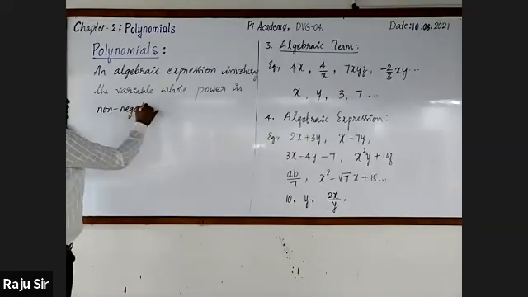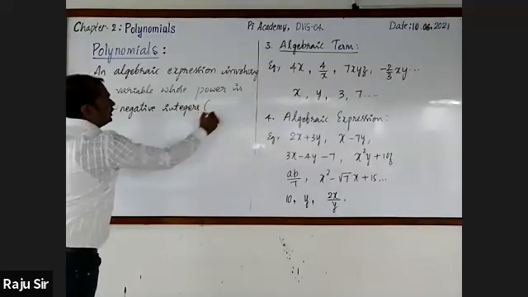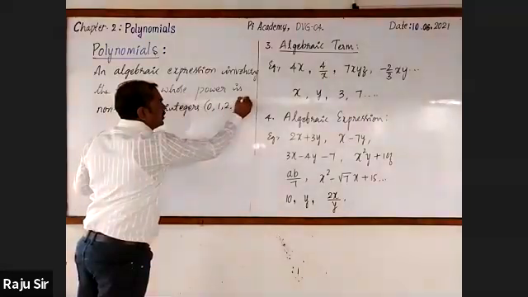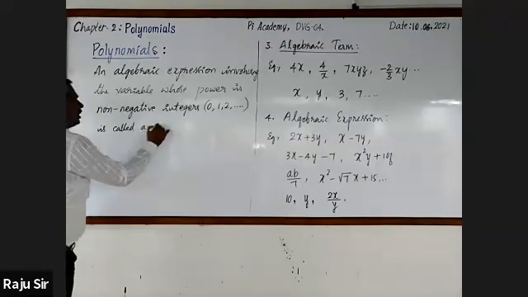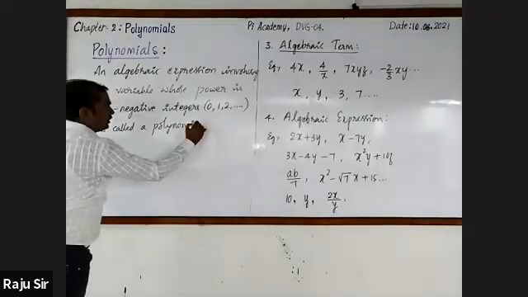Non-negative integers, in bracket you can read 0, 1, 2, 3 and so on. It is called a polynomial.